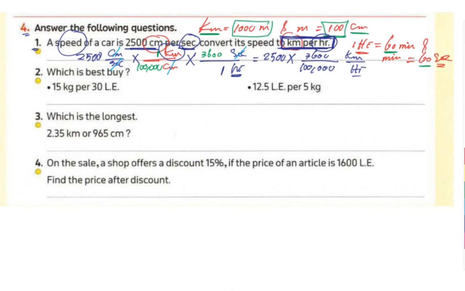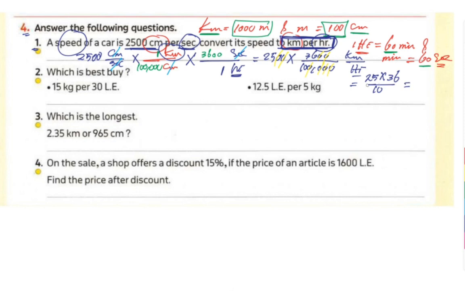Okay, now just simplify this operation. First, how many zeros up? I have 1, 2, 3, 4. I can simplify them with 1, 2, 3, 4 zeros. Now let's see what we have. Now that equals 25 times 36 up over 10 kilometer per hour.